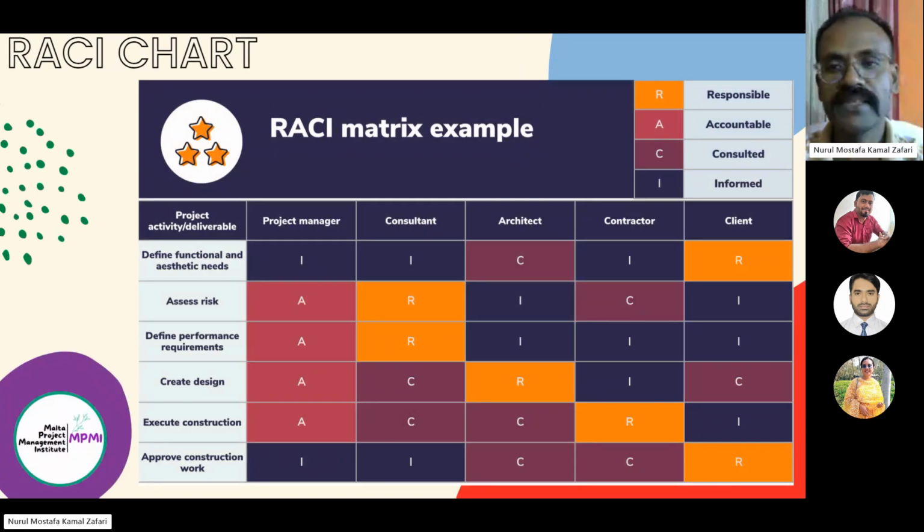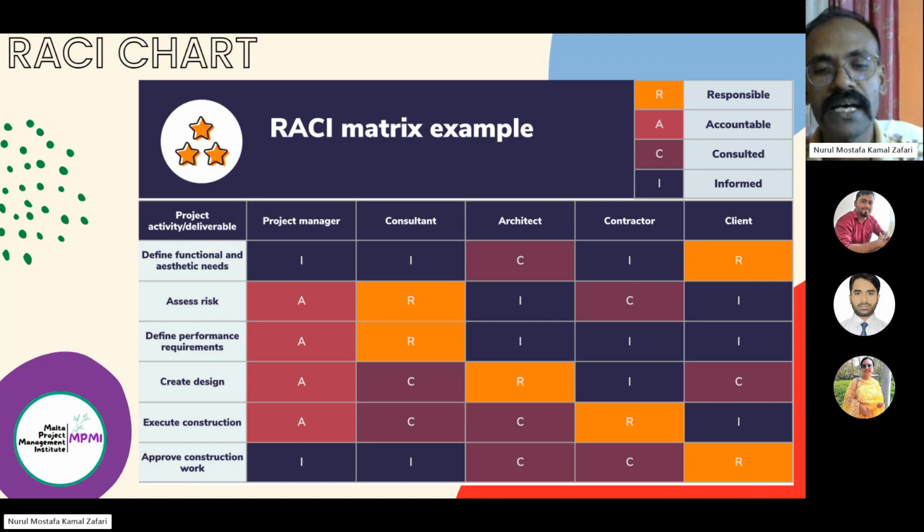Then RASI chart. The RASI chart is to show the donor how project stakeholders will be engaged and participating in the project management and project implementation. So you need to draw the RASI chart. RASI means responsible, accountable, consulted, and informed.